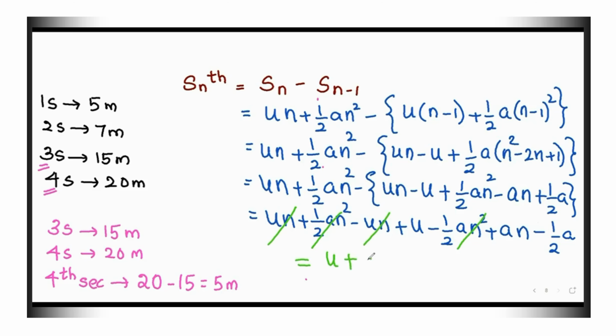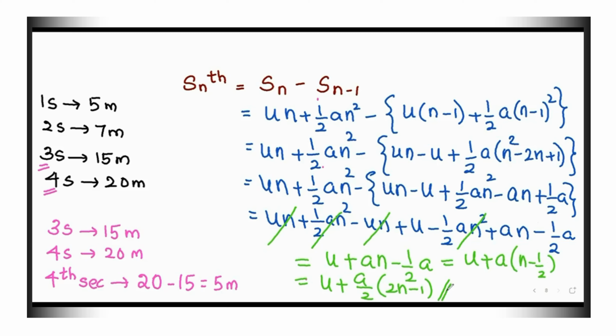So this is u plus an minus half a, which we can write as u plus a common out, n minus half. Taking LCM, u plus a by 2 into 2n minus 1. So this is the derivation for distance traveled in the nth second of motion.